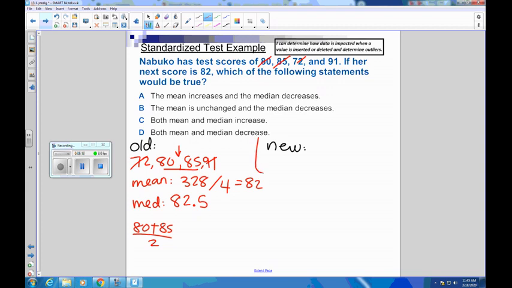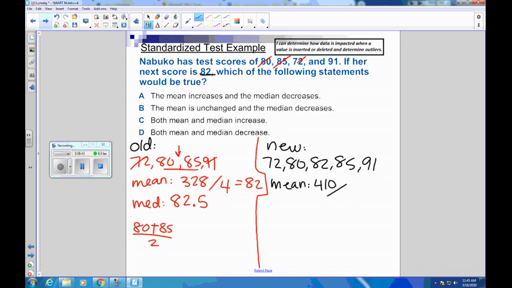Then for the new, I'm going to sort my data including 82 this time. So I'm going to have 72, 80, 82, 85, 91. For my mean, I'm going to add them all up. So 72 plus 80 plus 82 plus 85 plus 91, and I get 410. I then divide that by how many there are. There's 5.